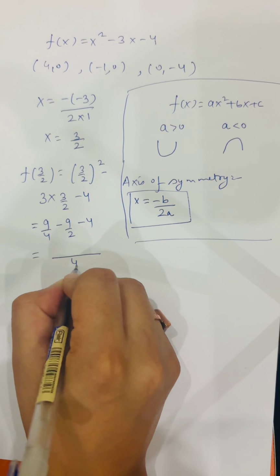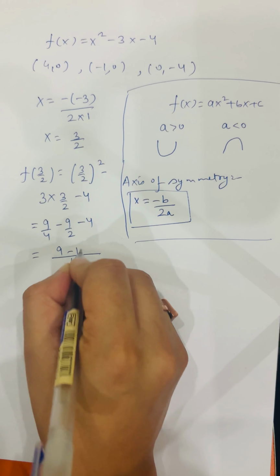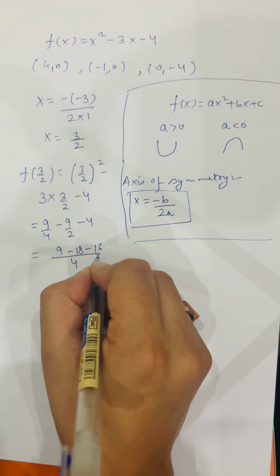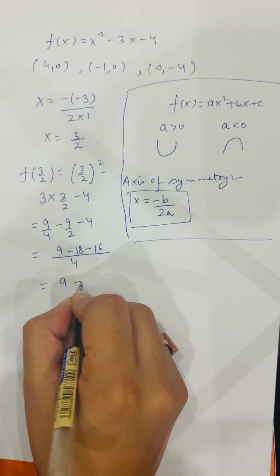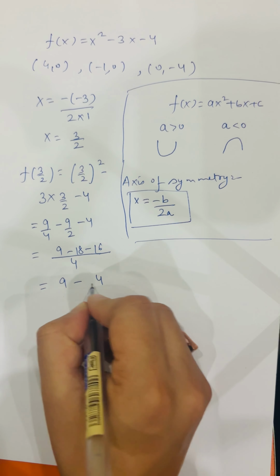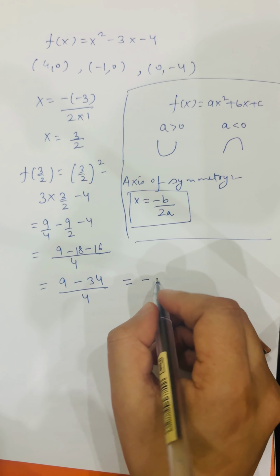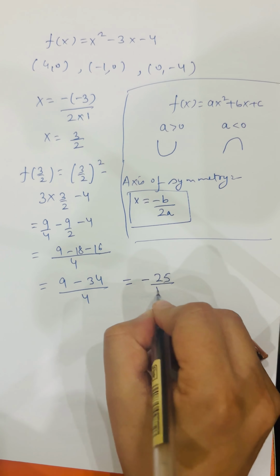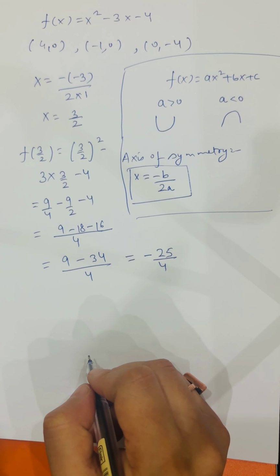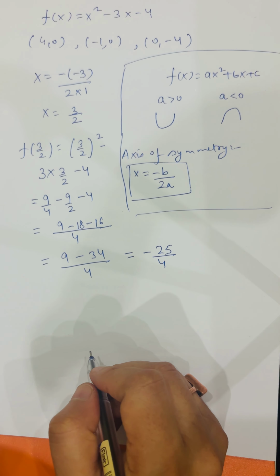Let's solve it. Take 4 as the LCM. So it becomes 9 minus 18 minus 16 over 4, which is minus 25 upon 4. So this is the y coordinate.